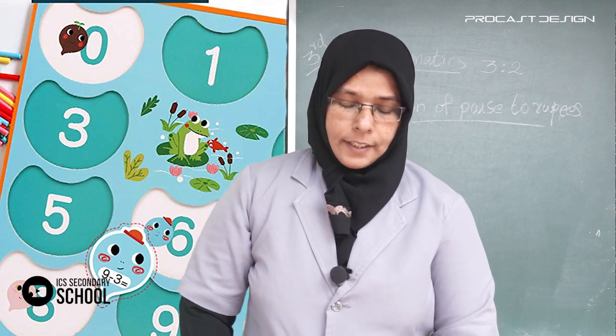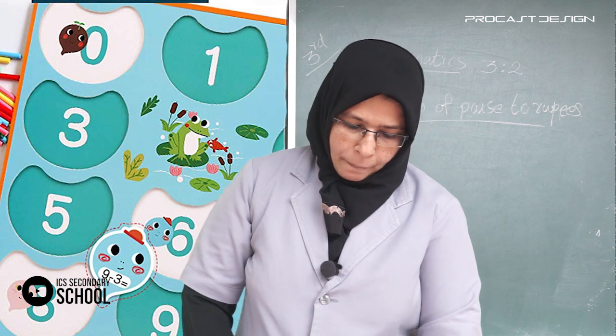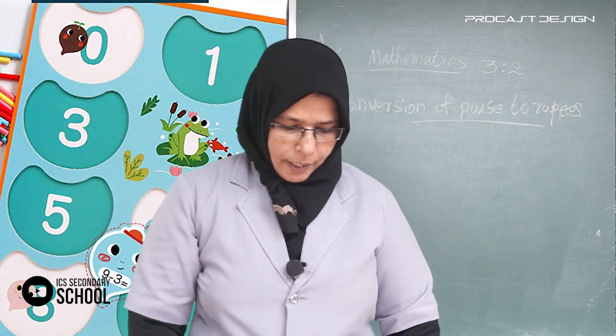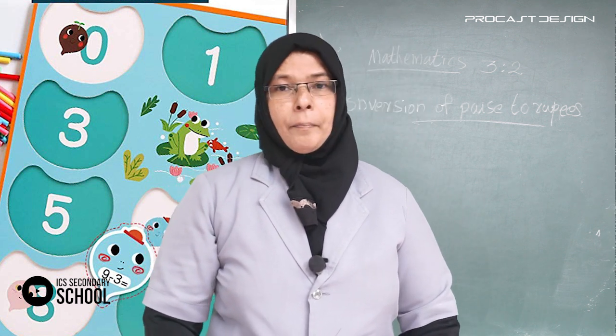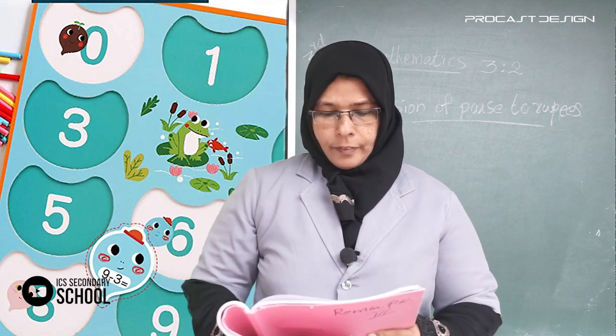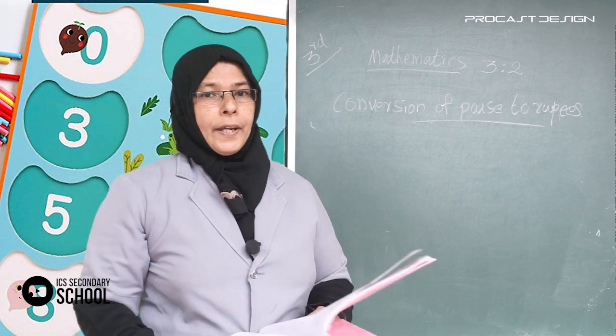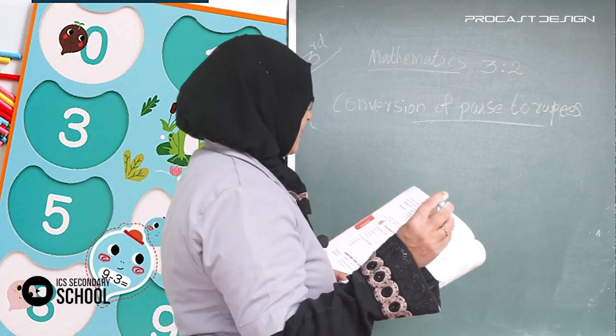The quotient will give the rupees. The remainder will give the paise. All of you listen.